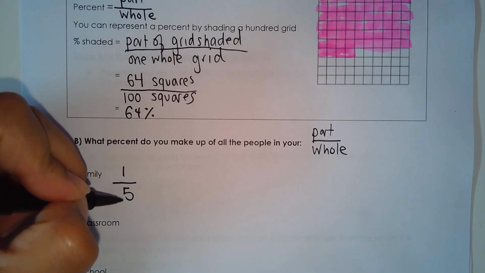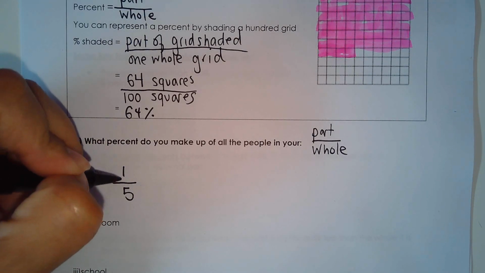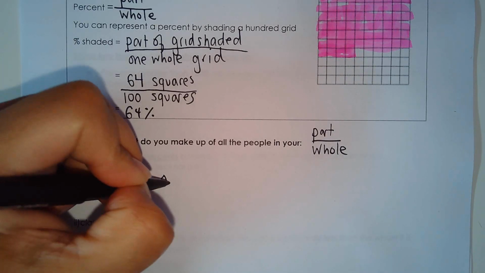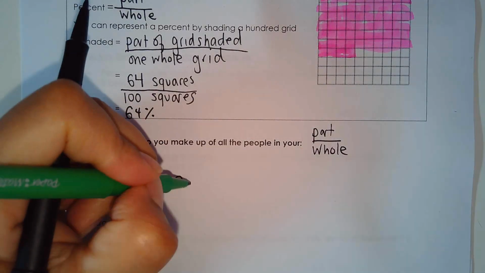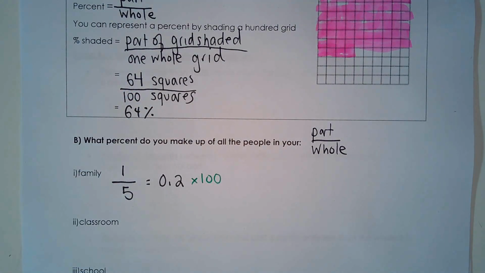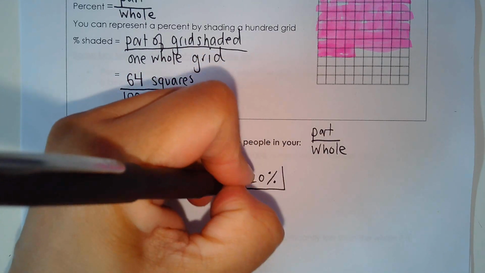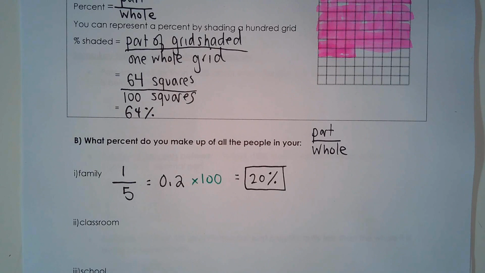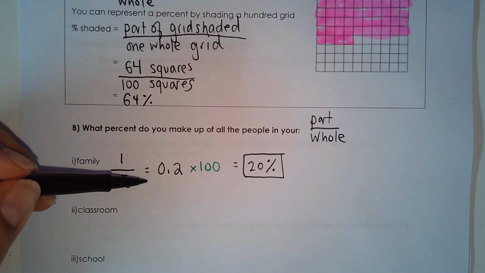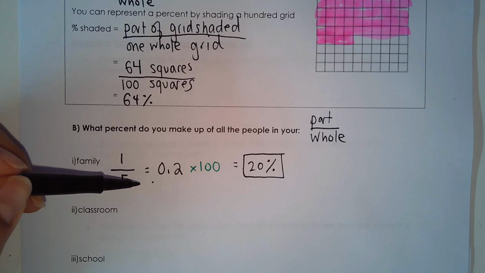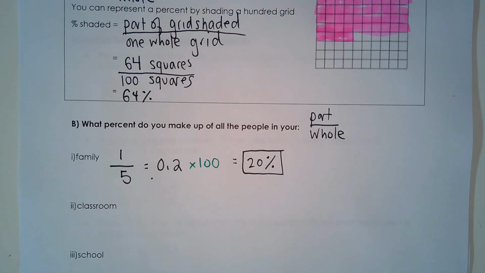So 1 divided by 5, I want to turn that into a percentage. So in my calculator, I would go 1 divided by 5, which equals 0.2. And then I would times it by 100 to get my percentage of 20%. So I make up 20% of my family. You could have also set up a proportion with 100 on the bottom, and you multiplied it by 20. You multiplied the top by 20 as well to get 20%.